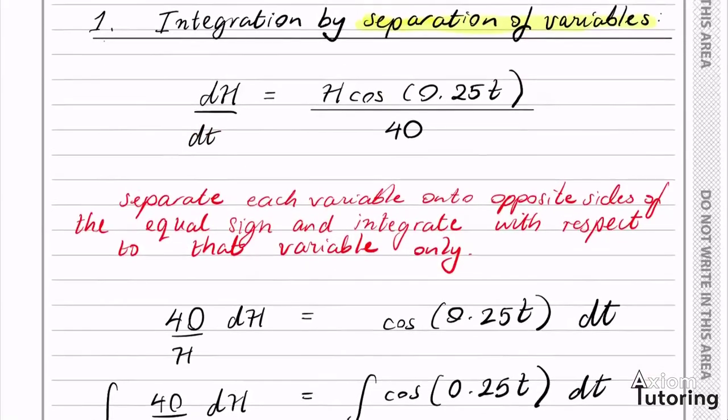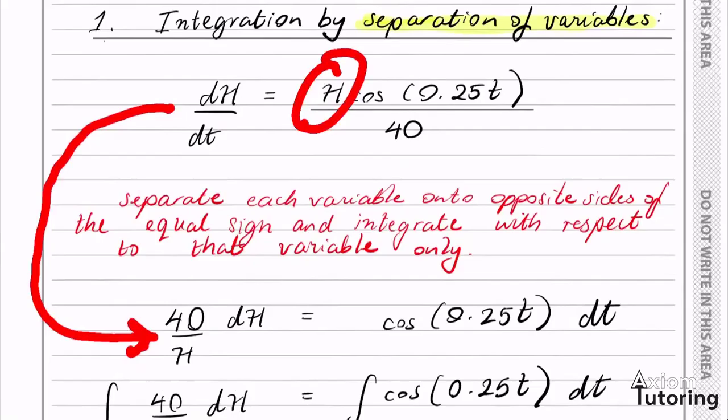So how we do that is we can separate each variable onto opposite sides of the equal sign, and then we can integrate each side with respect to that variable only. If we have a look at how we get from here to here, you can see that I moved this h onto the left-hand side.